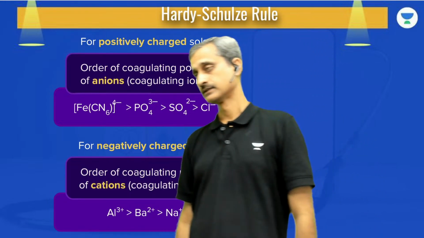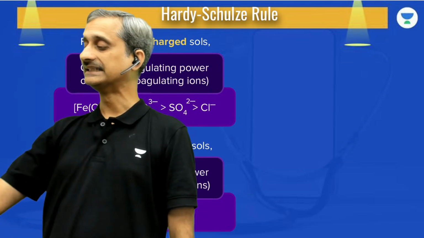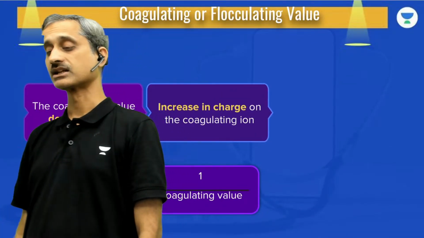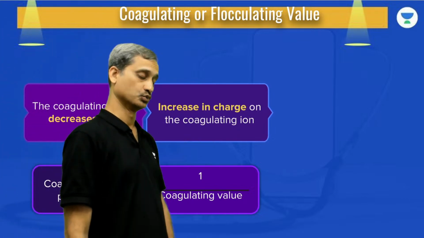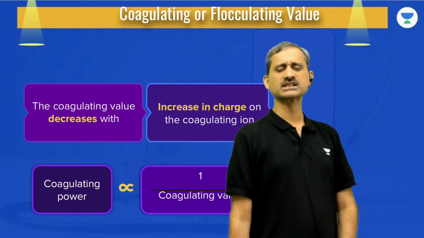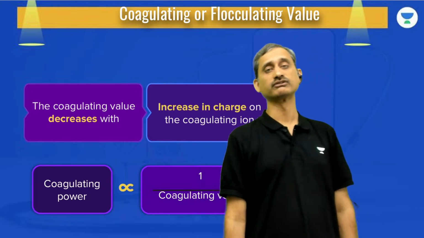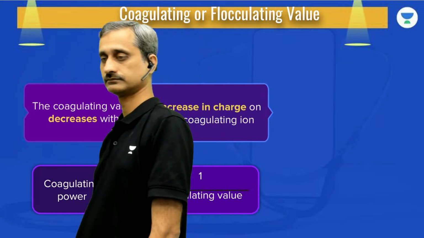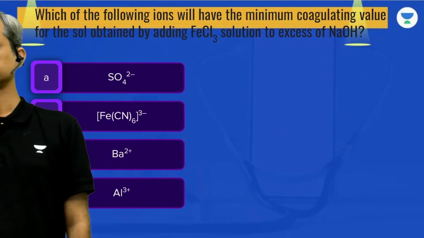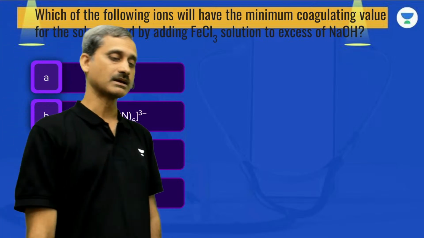Clear? Now it's not actually a linear graph, it's much more than that. Coagulating power is the reverse of the coagulating value or flocculating value, something like gold number. The more the flocculating value, the lower would be the flocculating power. Is this clear? Now please remember the question.